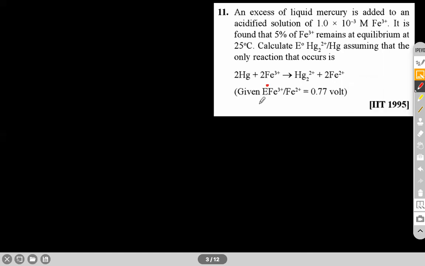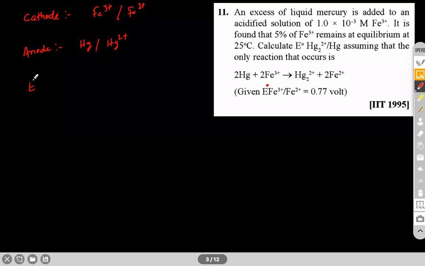Okay. So now you see this mercury is getting oxidized and Fe is getting reduced, right? So cathode is what? Cathode is Fe3 plus to Fe2 plus reduction, and anode is Hg2 plus. Okay. So E naught of this cell is what?